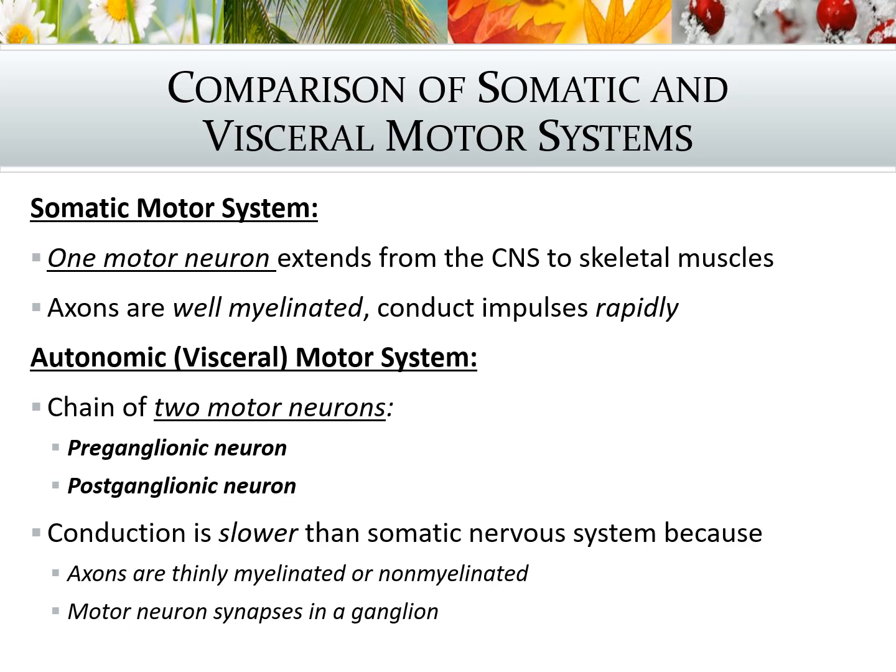And what's also different is that the conduction of the impulse is quite a bit slower in the autonomic nervous system than in the somatic, because our axons are either thinly myelinated or non-myelinated. So the impulse doesn't have to move as quickly. We don't have to say, move my heart right this second, right?